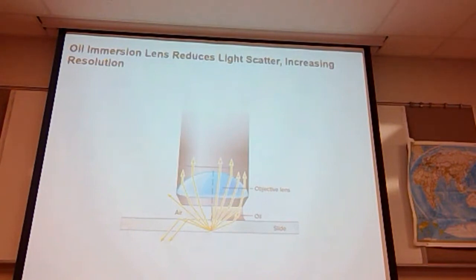How does oil immersion work? Oil immersion works by preventing light from leaving the eyepiece. Here is a large blow up of what an objective lens looks like. The light is coming through here, and your sample is laying right here on the slide. To see that effectively, you have to get a lot of light to pass through that specimen.